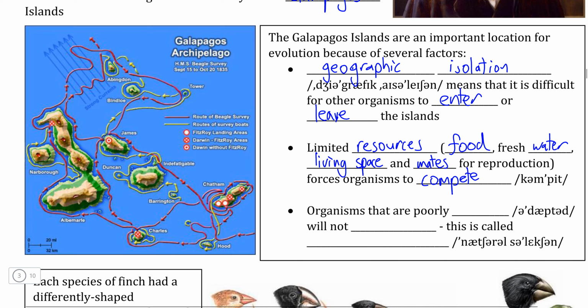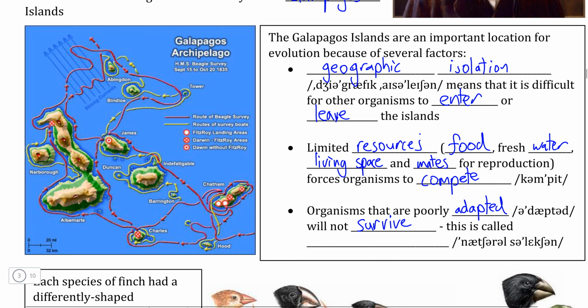Based on this limiting of resources, Darwin came to the conclusion that organisms that inherited very poor adaptations, meaning organisms that are less well adapted to this environment, either will not survive long enough or will not be able to track down a suitable mate in order to reproduce.